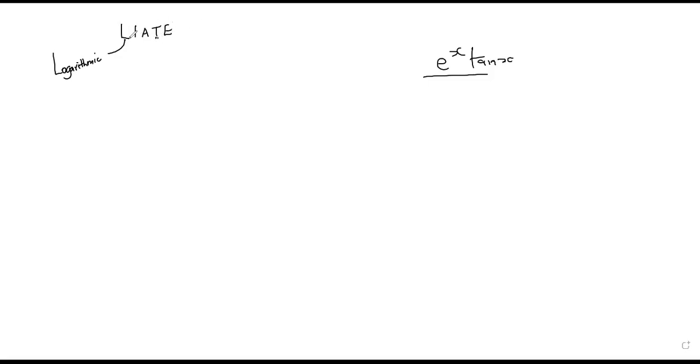So this one is the exponential function. This is the inverse trigonometric function, inverse trig. This is the algebraic function, like x squared, x, something like that. Then this is a trigonometric function, and then finally exponential.